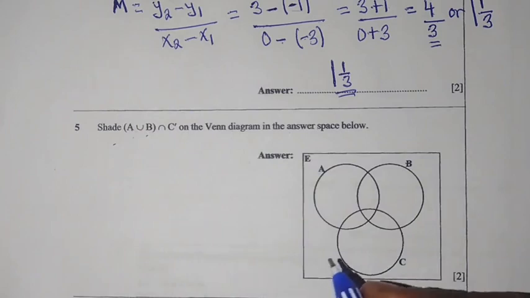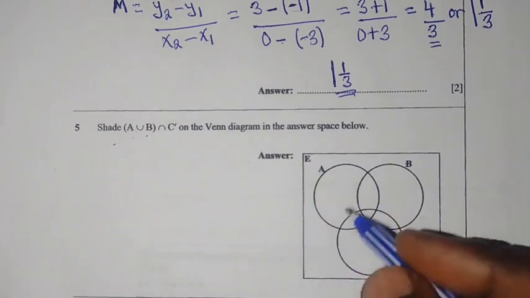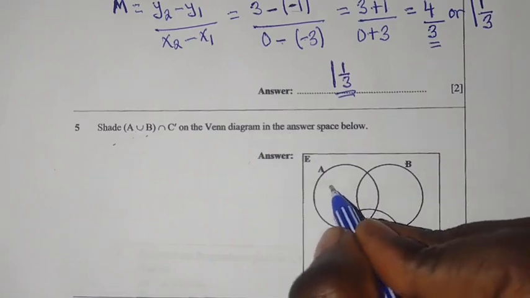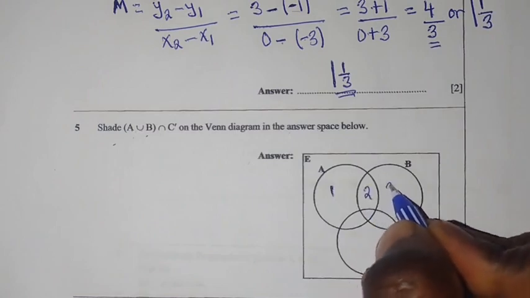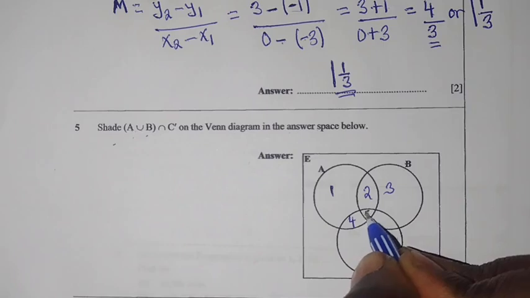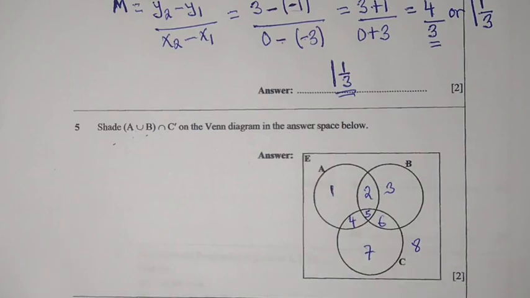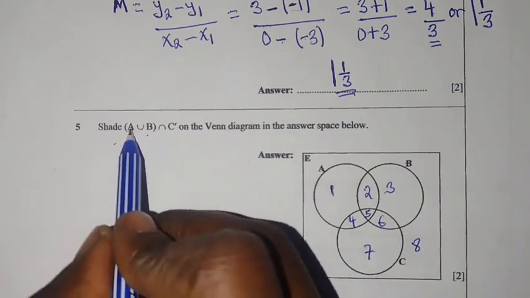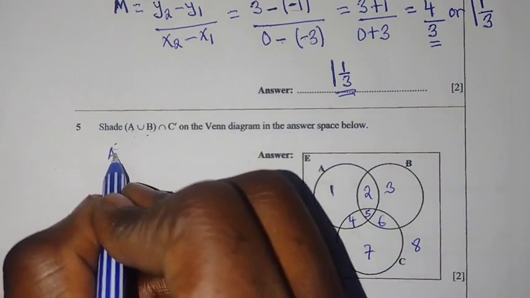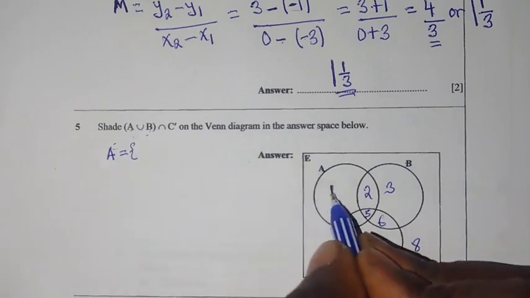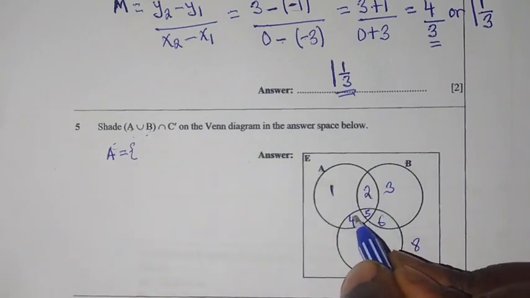So in order to know what we are going to shade, I can shade directly. Now, for the sake of those who don't know, I'll introduce the numbers. I'll say 1, 2, 3, 4, 5, 6, 7, 8. So these numbers are going to help me to know which specific region we are going to shade. So let us find A union B. The elements in A are 1, 2, 4, 5.